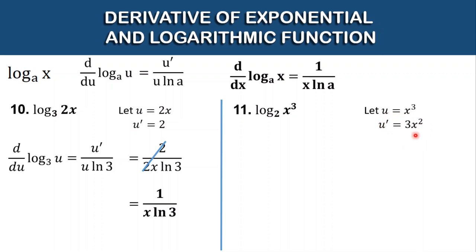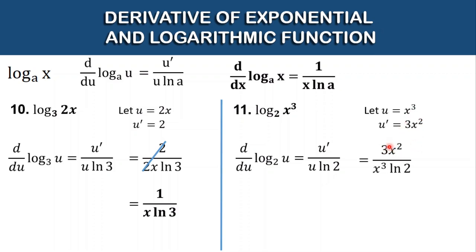Then substitute na natin siya dun sa ating guide. So d over du of the logarithm of u with base 2 is equal to u prime over u times ln 2. So yung u prime natin is equivalent to 3x squared, kaya yun yung nasa numerator natin. Then yung u sa ilalim, this is equivalent to x cubed.